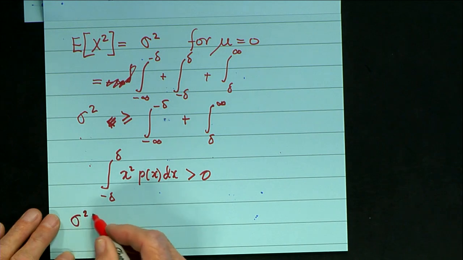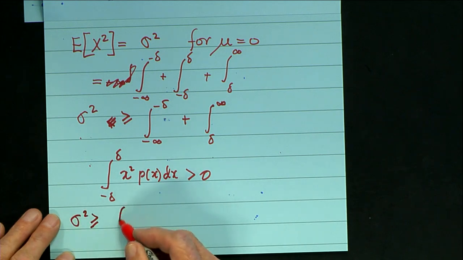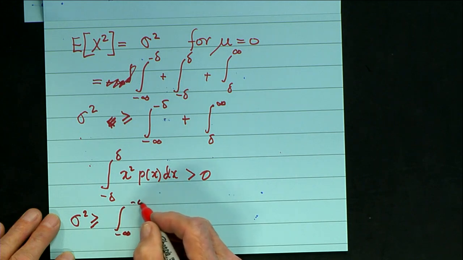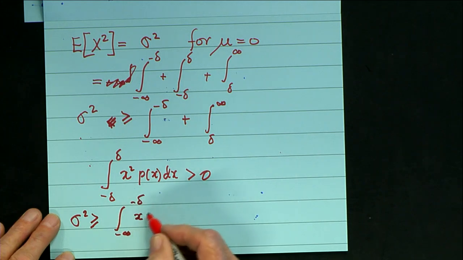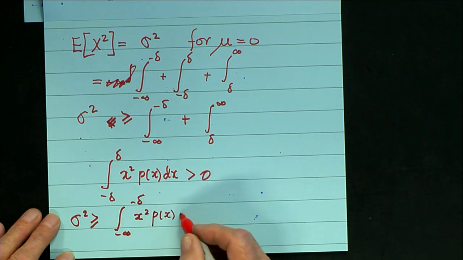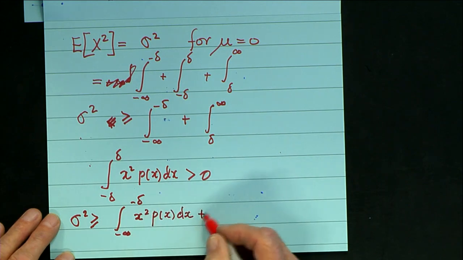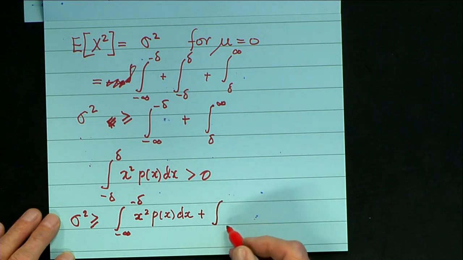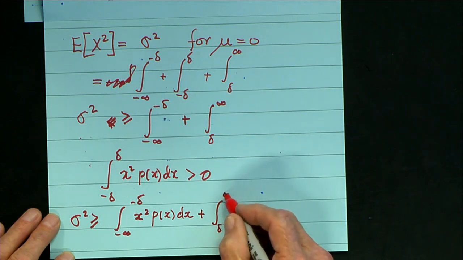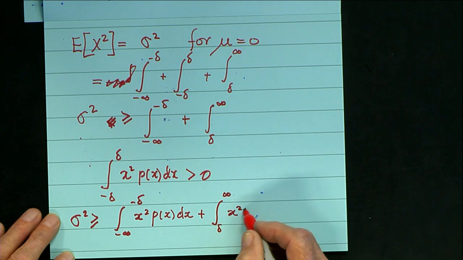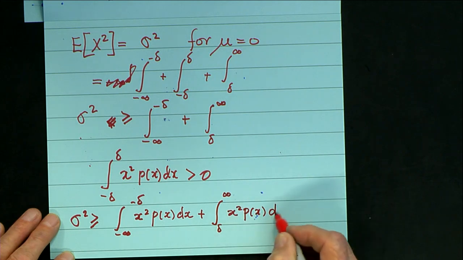Sigma squared is greater than or equal to the integral from minus infinity to minus delta of x squared p of x dx plus the integral from delta to infinity of x squared p of x dx.